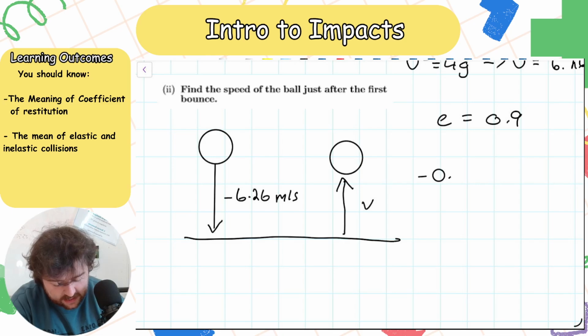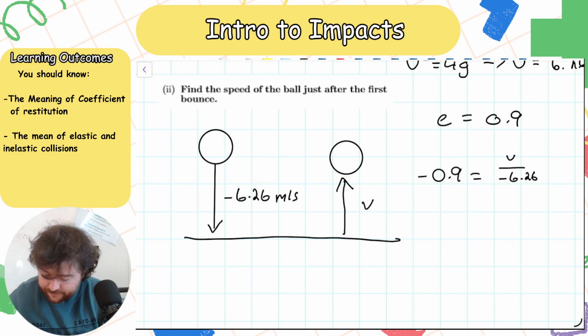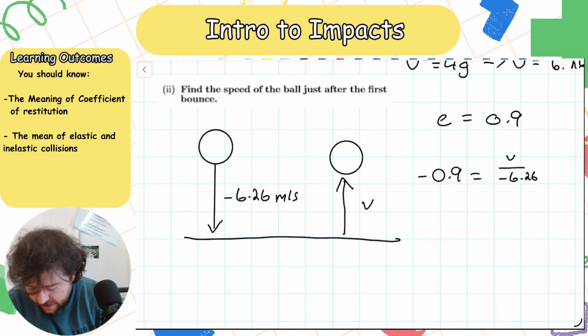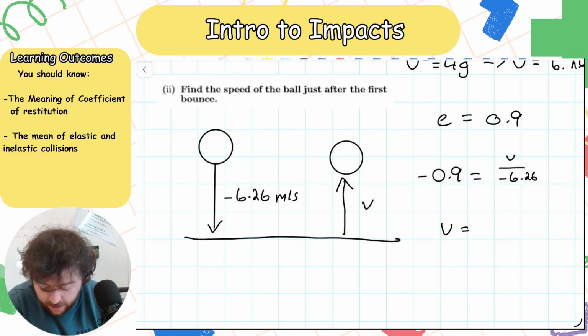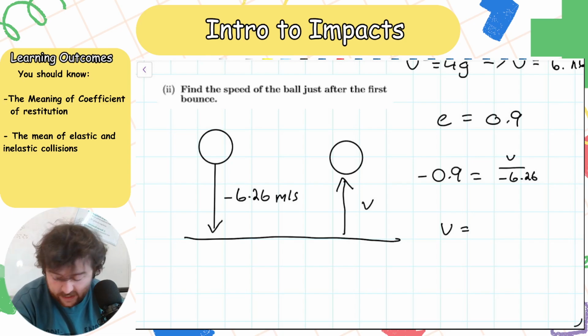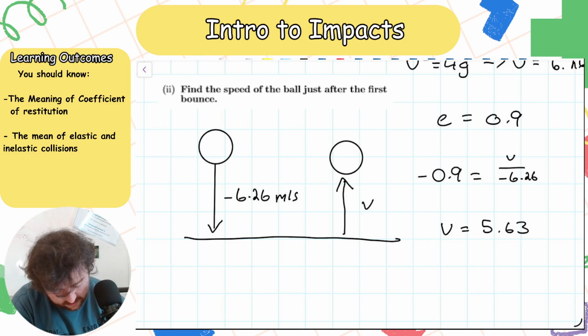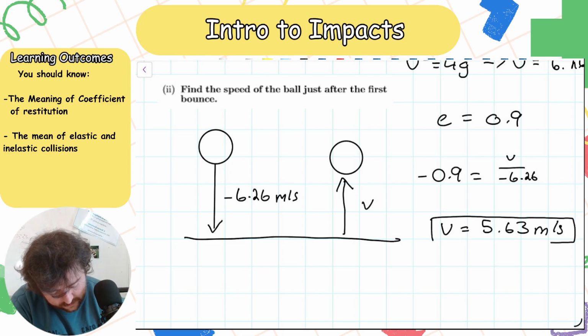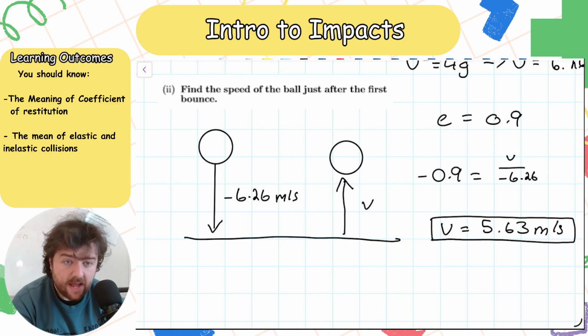So minus 0.9 is equal to V over minus 6.26. So my speed after, I'm basically retaining 90% of my speed or velocity, is 5.63 meters per second. And that's my answer there.